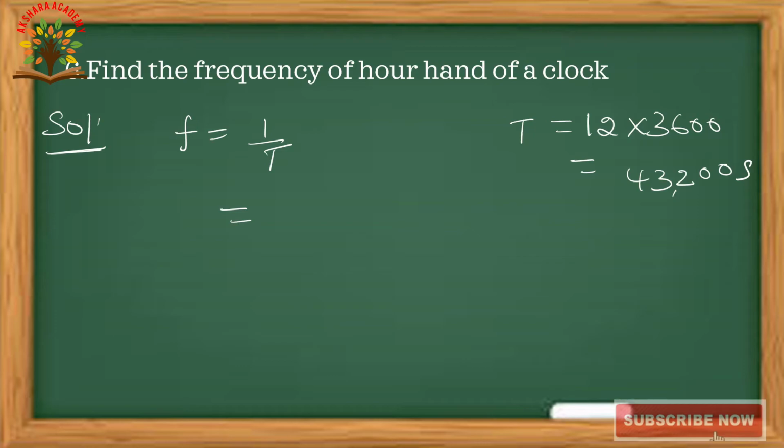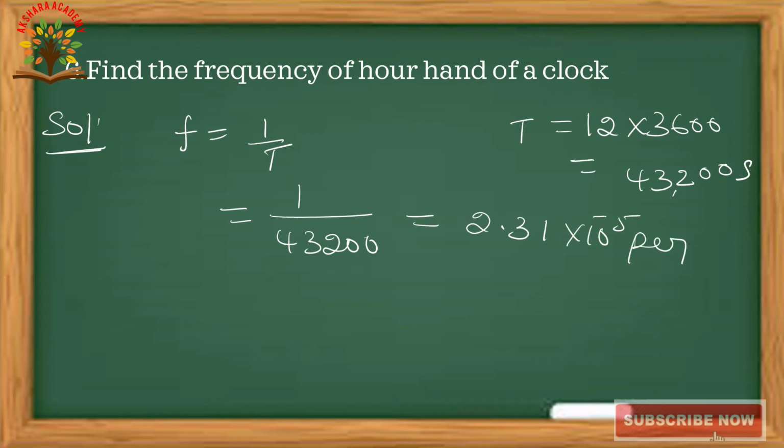Frequency we have to calculate. Frequency is equal to 1 by T, that is 1 by 43,200. After division we are getting 2.31 into 10 to the power of minus 5 per second. Okay, this is the frequency of the hour hand of a clock.